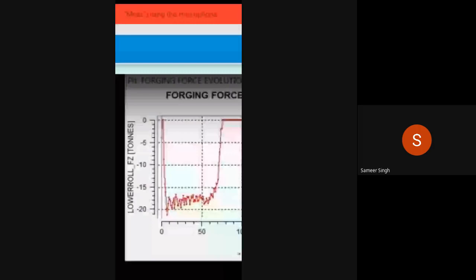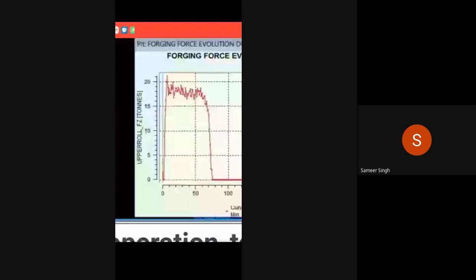As the roller is below the sheet metal, the force is detected as negative, but these are positive values, as the direction is opposite. In the case of the upper roller, we got the same value, 20.